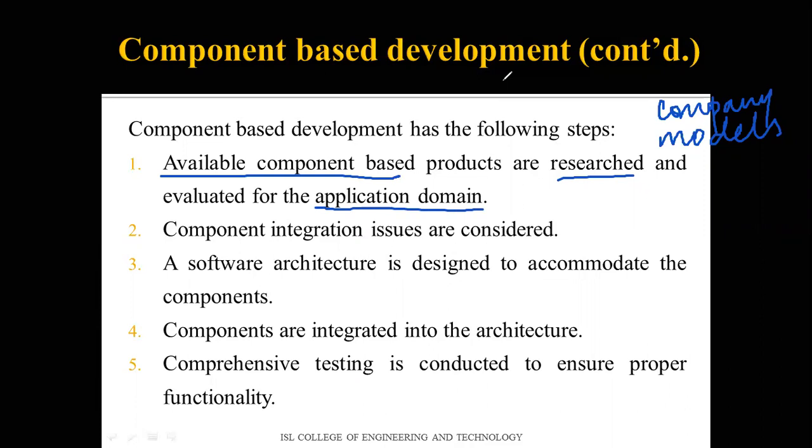The next step is that component integration issues are considered. Now within this, suppose you are developing a particular system. Now this particular system has, suppose, 3 different components. You're going to have first, second, and third components. These 3 components need to be embedded within a software. Now suppose the first 2 components are based on Windows and the third component is based upon Linux.